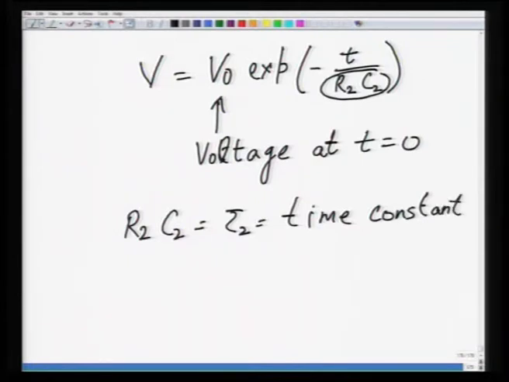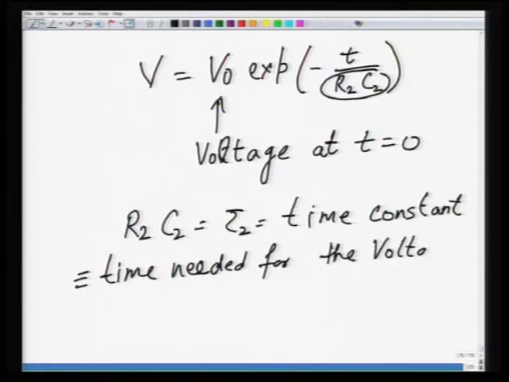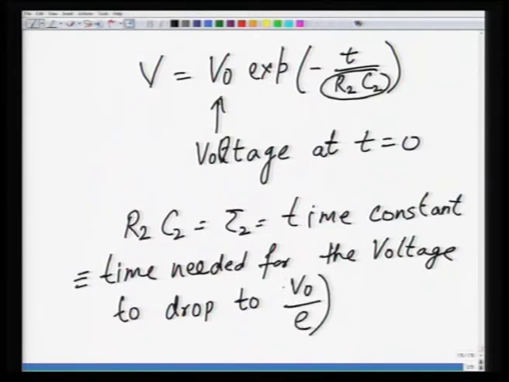This time constant is basically the time needed for the voltage to drop to a value V naught by e, which comes out to approximately 36.8% of V naught, or 0.368 of V naught.